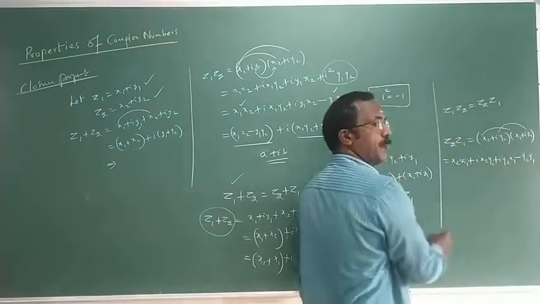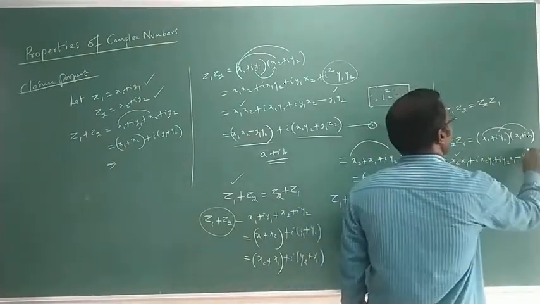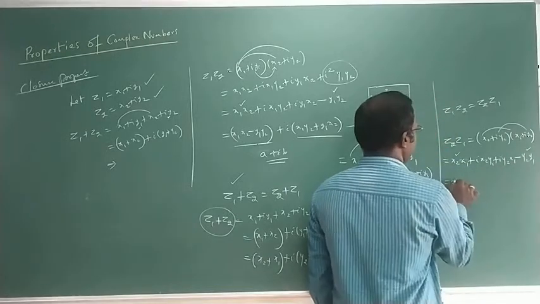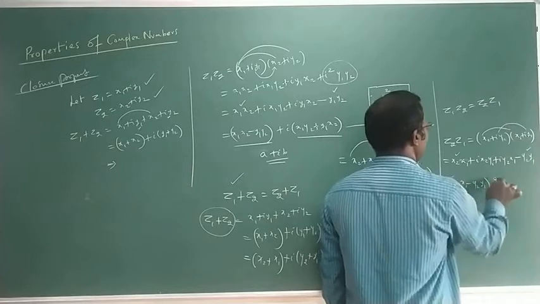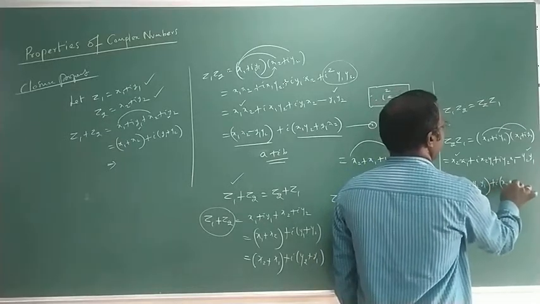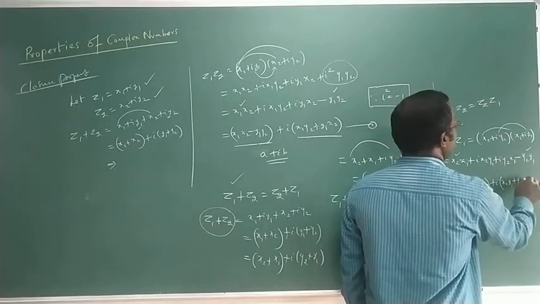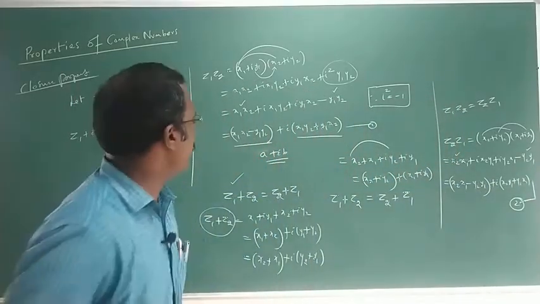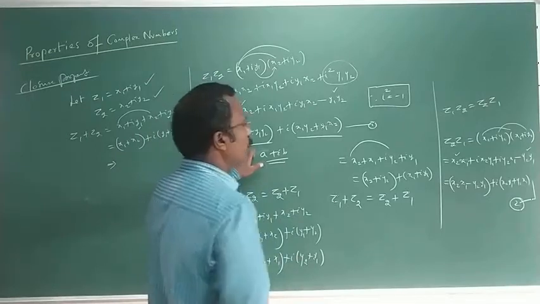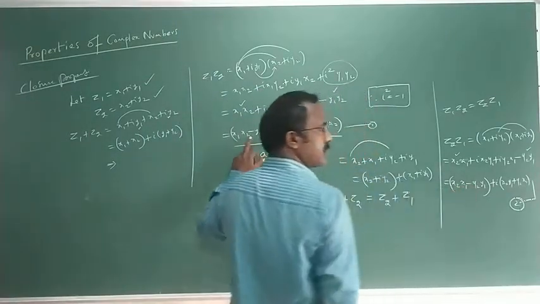So what are the real parts? Two real parts and two imaginary parts. x2 x1 minus y2 y1 is real, plus i into x2 y1 plus y2 x1. Now treating this as equation number 2. Listen here, equation 1, x1 x2. Product is always what?